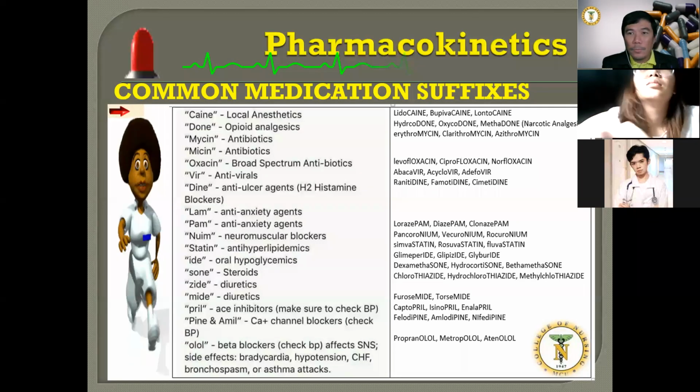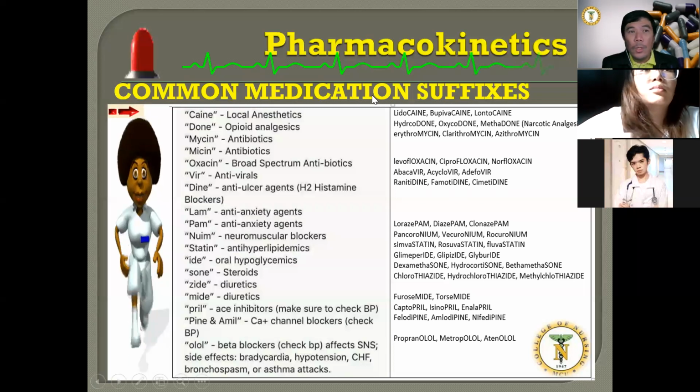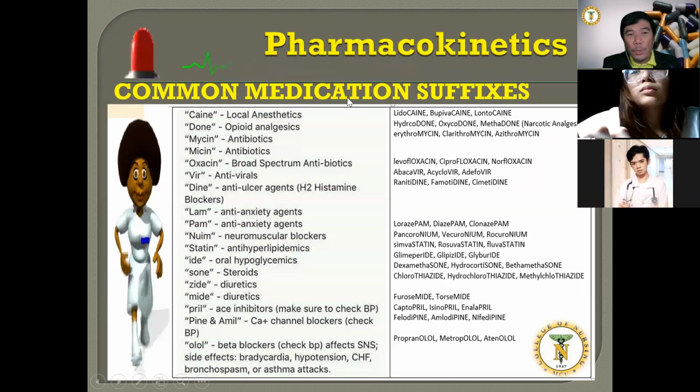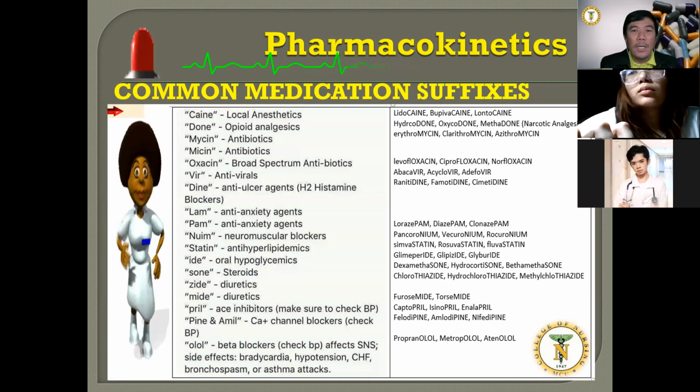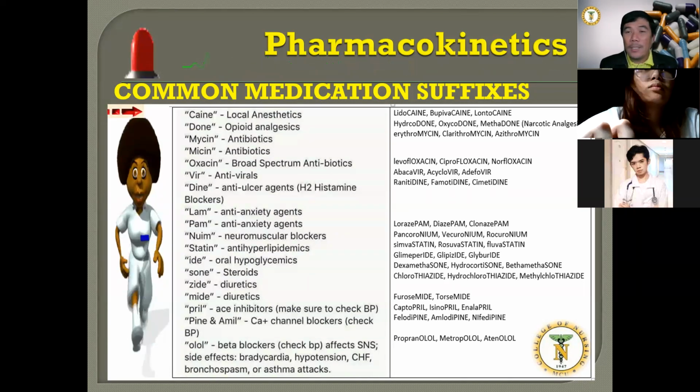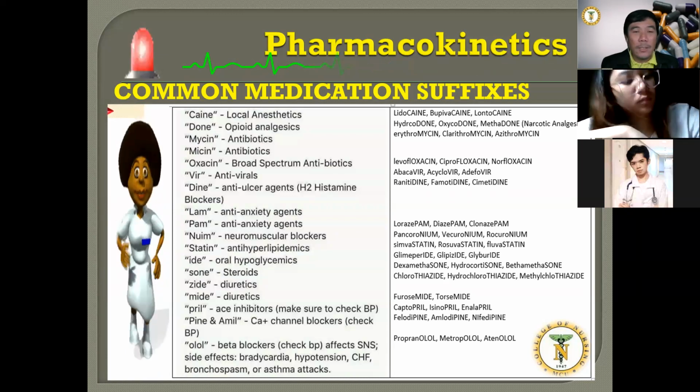Now, the topic for today is common medication suffixes, which will guide us on how we will classify the drugs according to their generic names. So let's start.